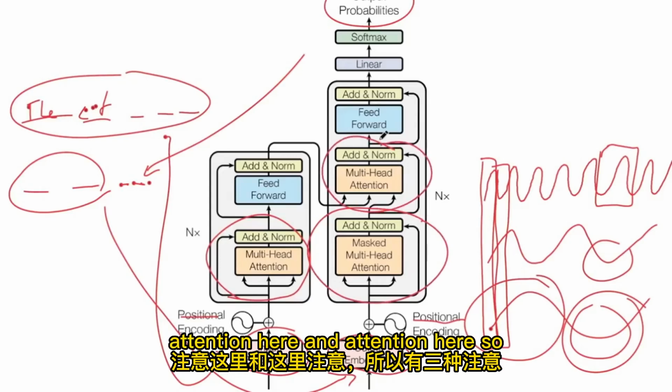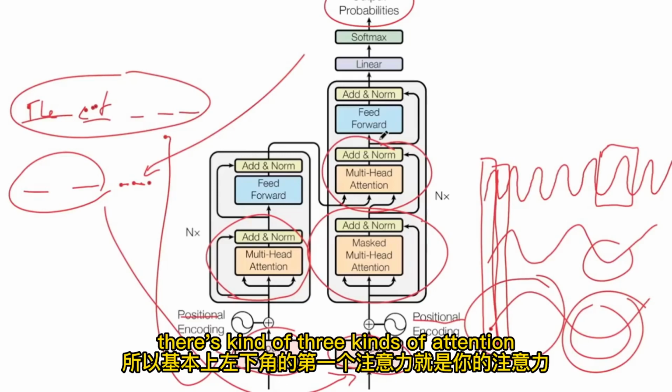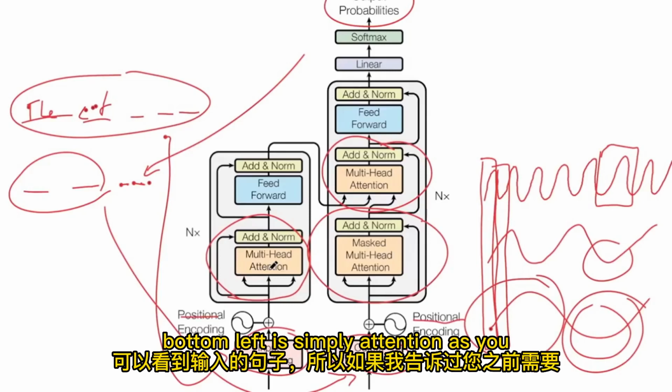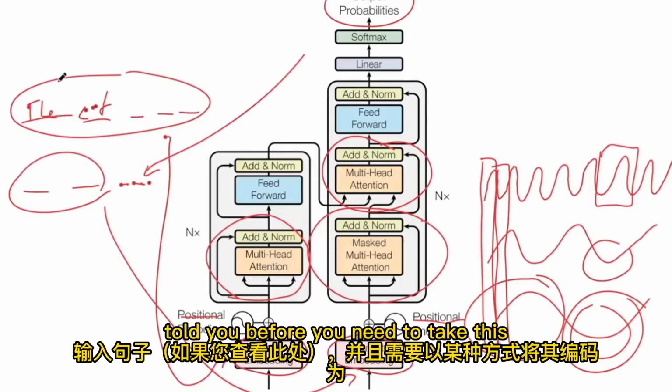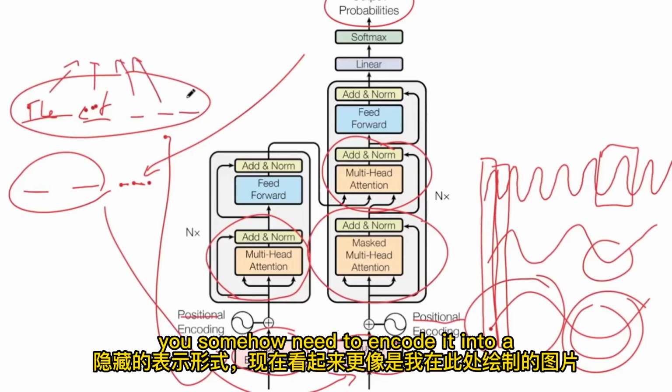So there's three kinds of attention. The first attention on the bottom left is simply attention over the input sentence. So I told you before, you need to take this input sentence, if you look over here, and you somehow need to encode it into a hidden representation.